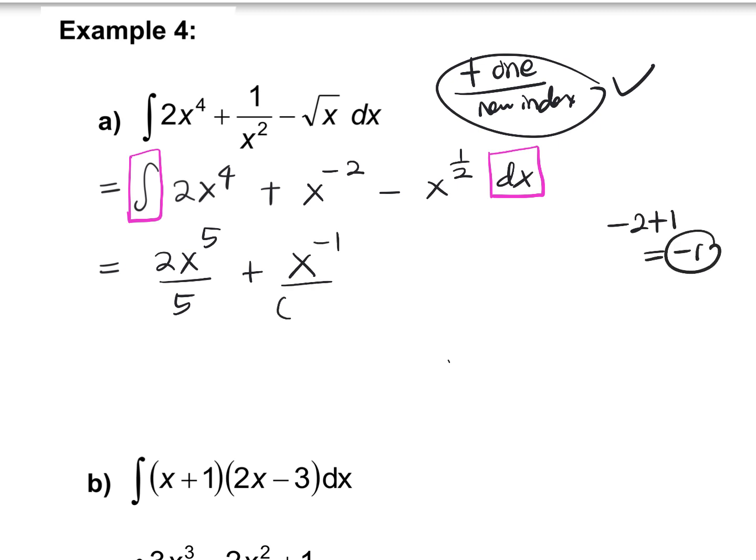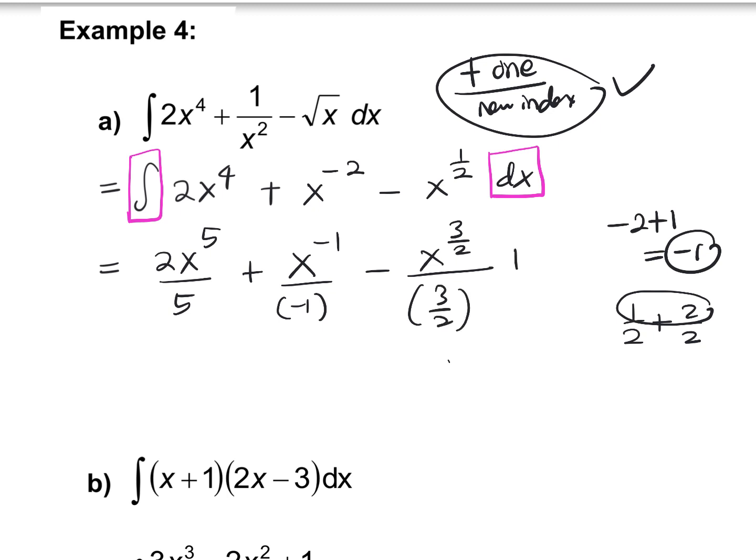Negative 1 divide with negative 1, minus x to the power of 1/2 plus with 1. Okay, another way to write 1 is actually 2/2, right? 2/2 is equal to 1. So now you can directly get this is 3/2, divide with 3/2. Then don't forget plus c because this is an indefinite integral.